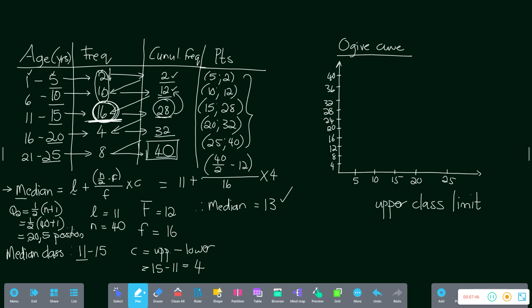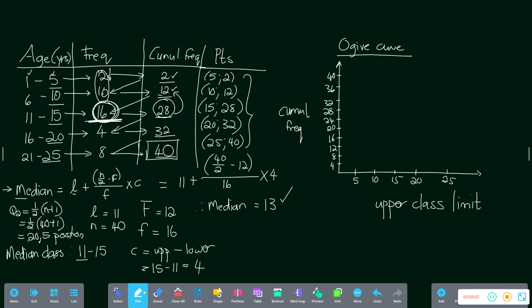So the vertical axis, the y-axis, represents the cumulative frequency.